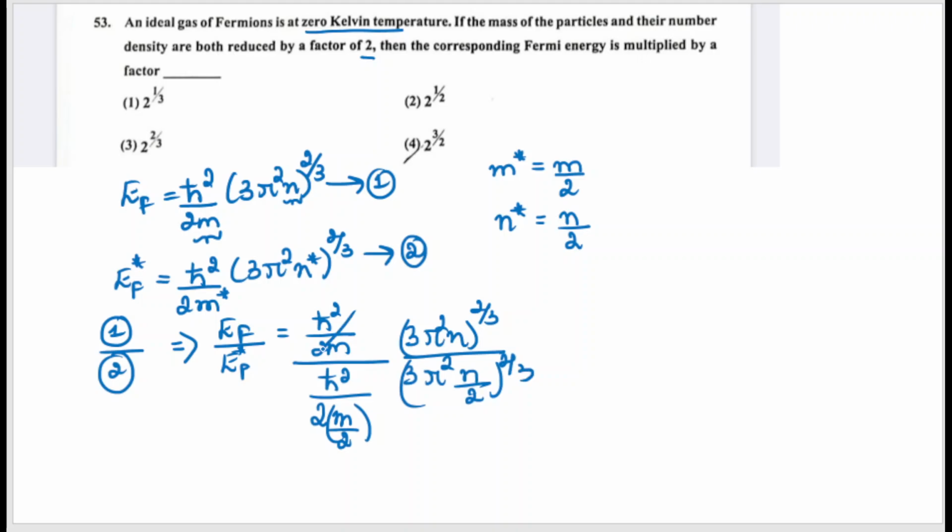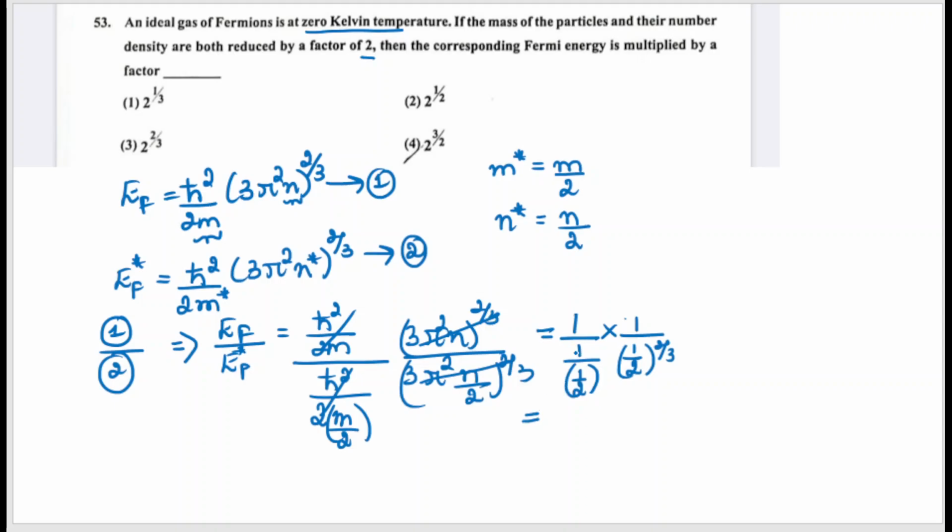Here h cut square divided by 2m cancels, and 3 pi square and n to the power of 2 by 3 cancel. We are left with 1 divided by 1 by 2, into 1 divided by (1 by 2) to the power of 2 by 3.